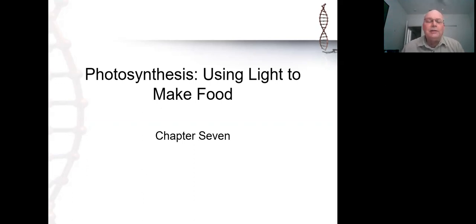We found that out in the last presentation, that really doesn't work. If we want to capture energy to make glucose, which is what we talk about as the end product of photosynthesis, but as you'll see, is probably not the best molecule to focus on as the direct product, but more of that as we move through this presentation.